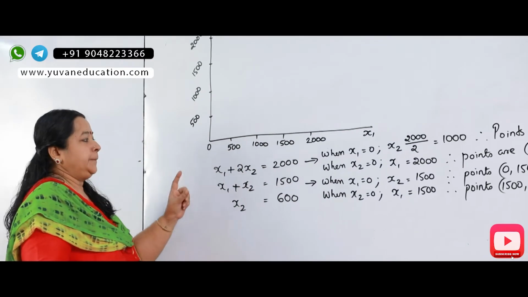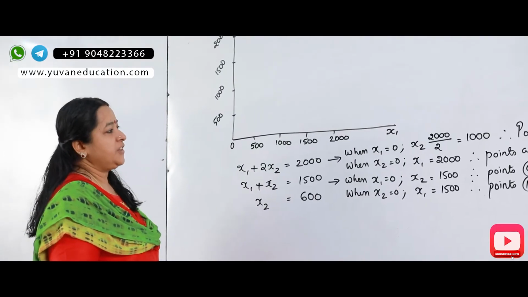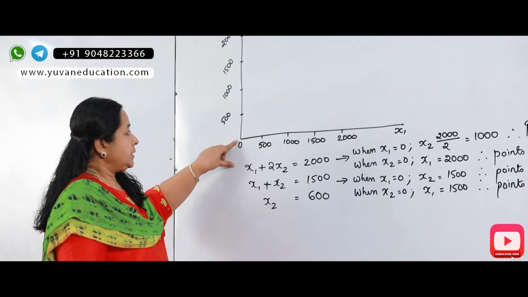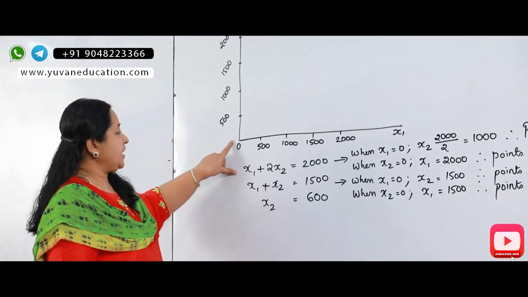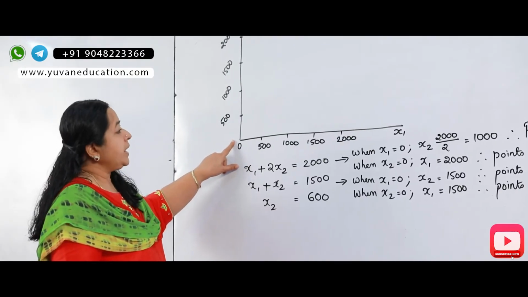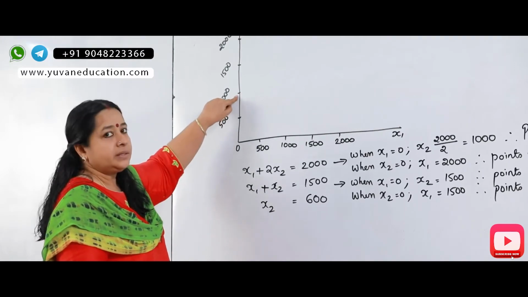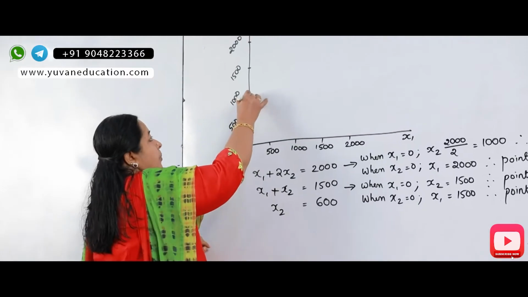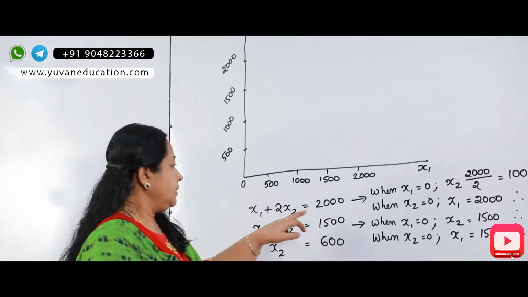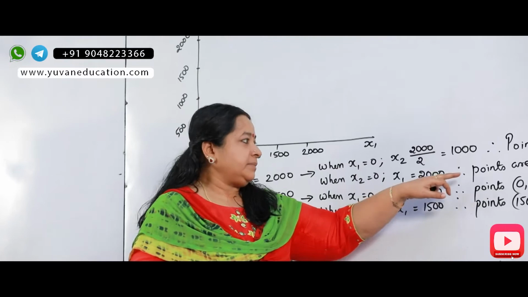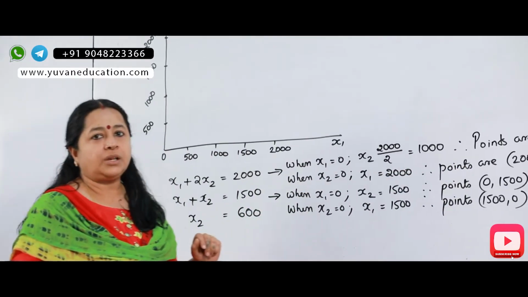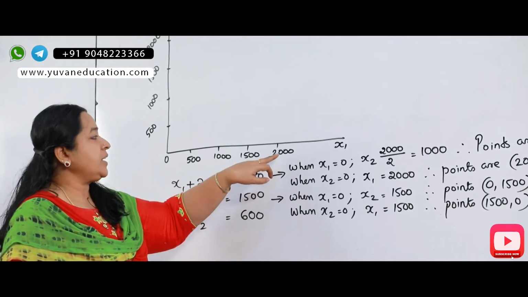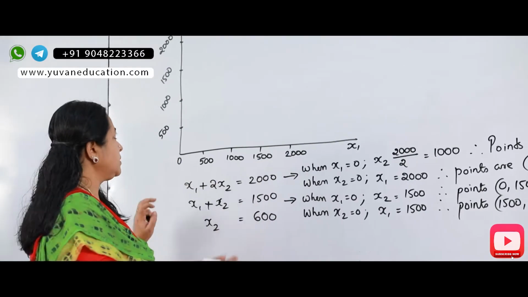Then the first constraint, the first point is 0, 1,000. For x1 0 and x2 1,000. See, this is the x2 axis, so put one point here. Then the next point is 2,000, 0: 2,000 in x1 and 0 in x2.